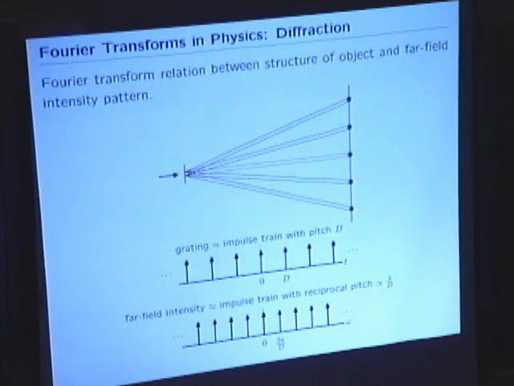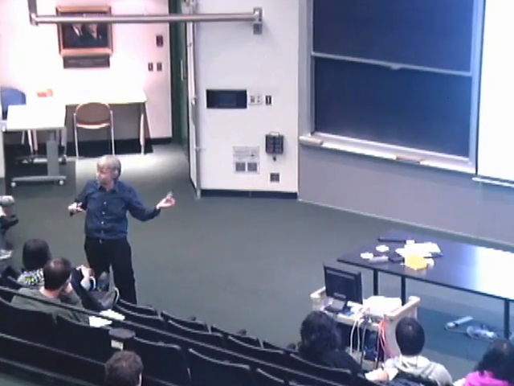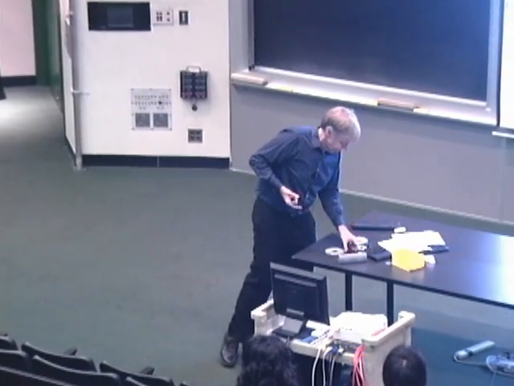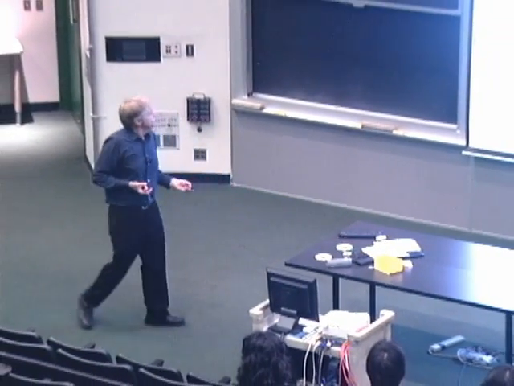Because we know that the Fourier transform of an impulse train is an impulse train, right? So this is an impulse train in space. The scatterers represent an impulse train. So whenever I illuminate it, I get an impulse train in the Fourier transform because the Fourier transform of an impulse train is an impulse train. Well, that's pretty cool, okay? So you all know why an impulse train is an impulse train.